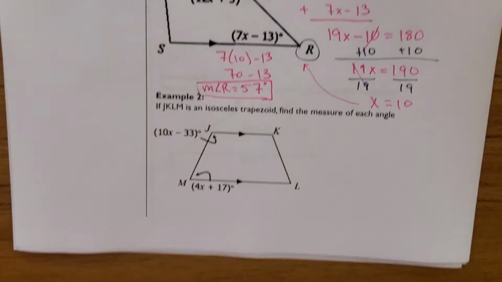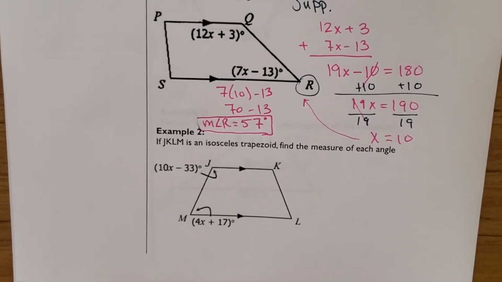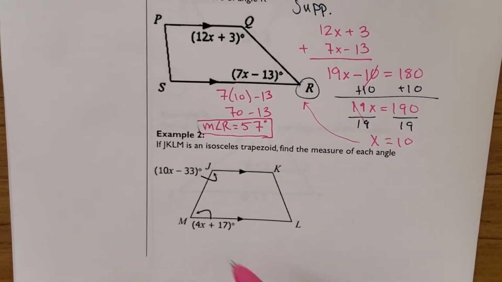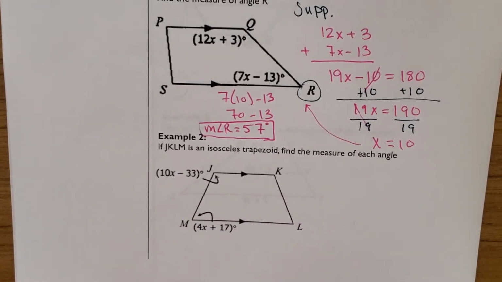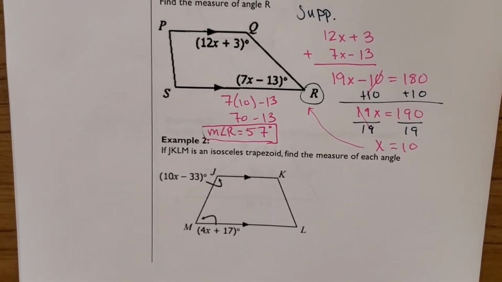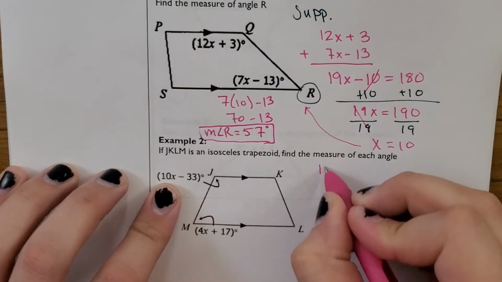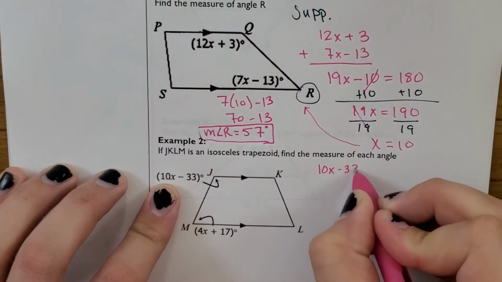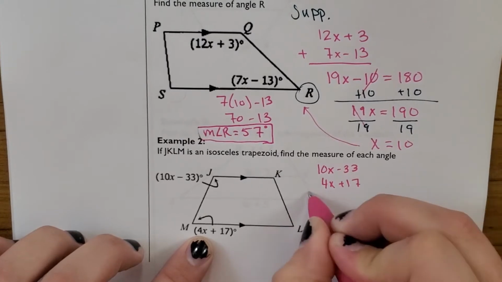For example 2, this time I moved up to an isosceles trapezoid. That doesn't change what we do here, though. If they still give us two consecutive angles, even if it's an isosceles trapezoid, the same thing is going to happen. I'm going to do the exact same thing to solve this. I'm going to add these two angles together. 10x minus 33 added together with 4x plus 17.